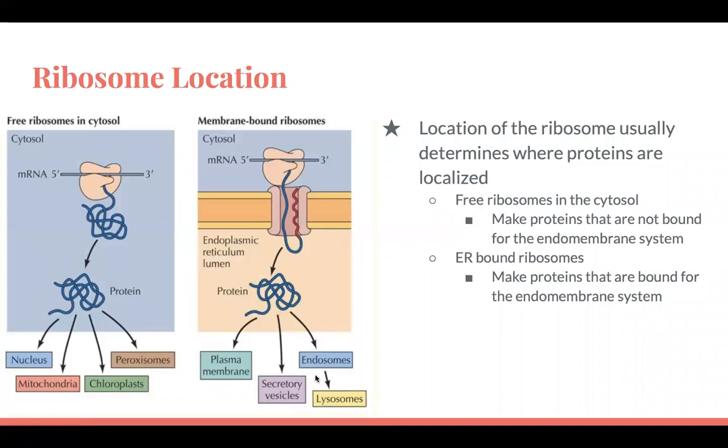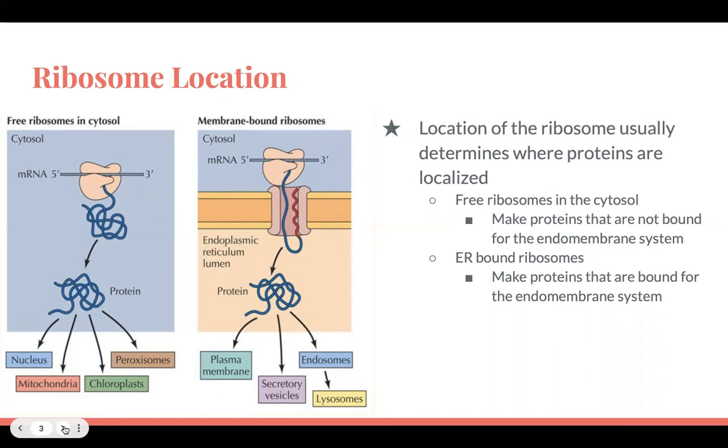So ribosome location is really important and usually determines where proteins will be localized. Free ribosomes that are just floating around in the cytosol produce proteins that will either be localized to the nucleus, mitochondria, peroxisomes, chloroplasts, or just stay in the cytosol as is.